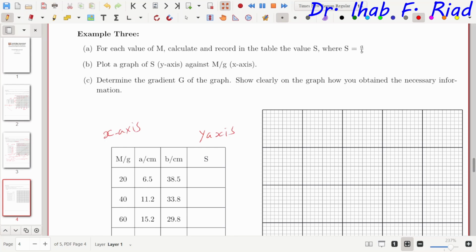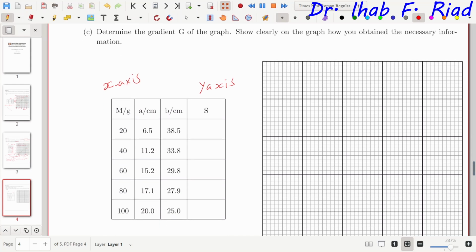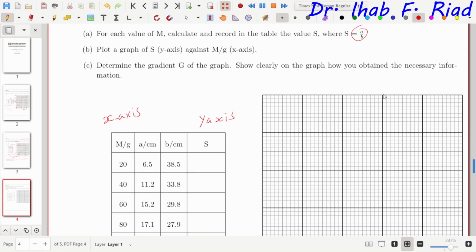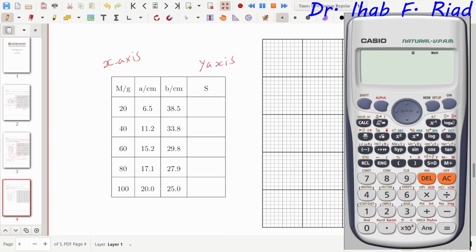Okay, now let us calculate S. As we are told, it is A over B.